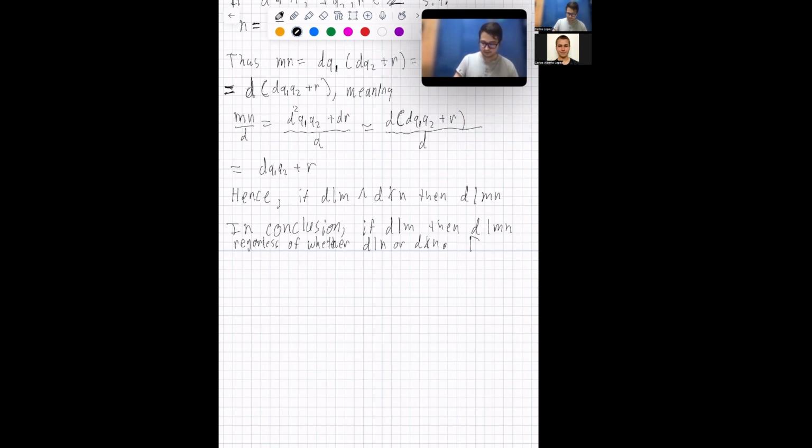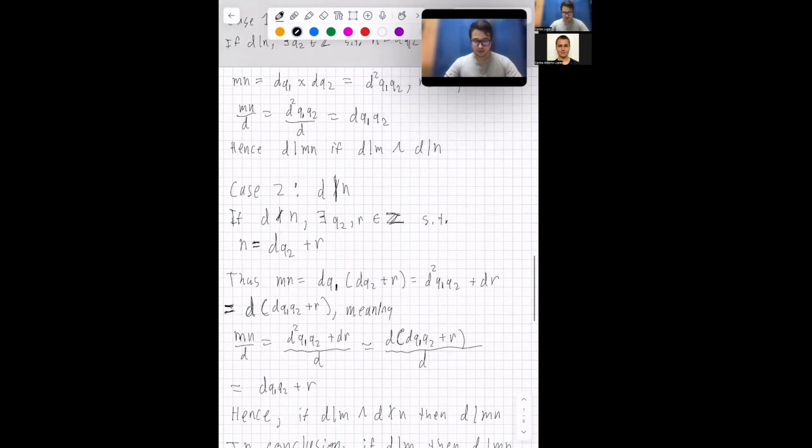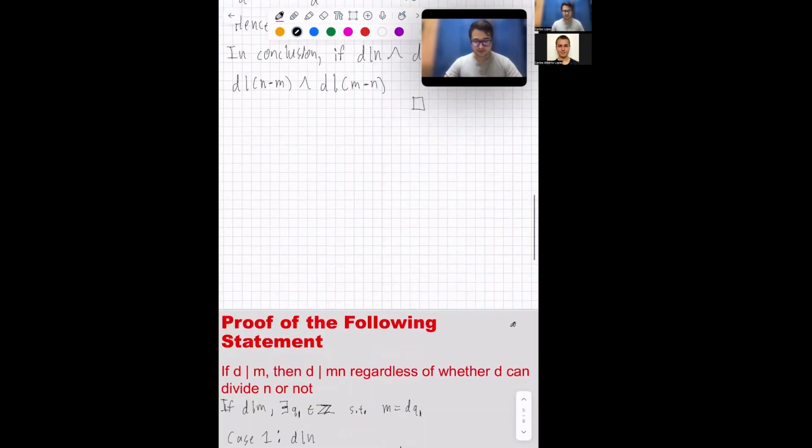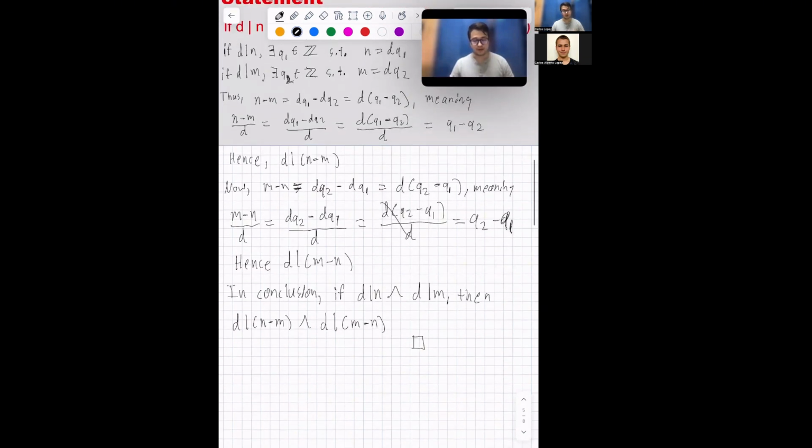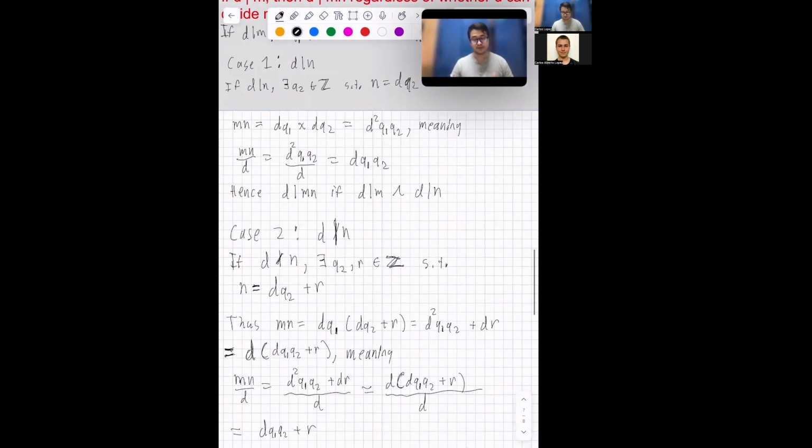That is the end of the proof. This is a more extensive version. I just want you to see that there is a lot of logic in it, but it is not the most efficient way to prove it.